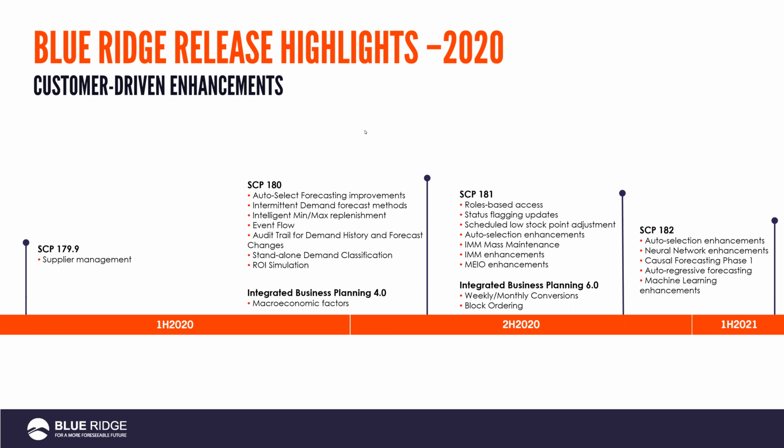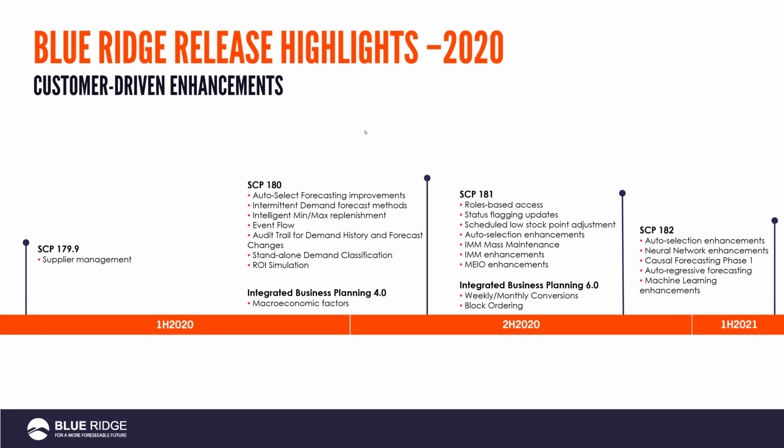And I will comment on the coming releases and the planned releases, which are also customer driven. In the next release, we have a number of items that are really further enhancements to intelligent min-max, given that it was really strong feedback from our customers that it was a useful functionality, as well as some enhancements to multi-echelon inventory optimization and the data that flows through and dependent demand coming from multiple sources.